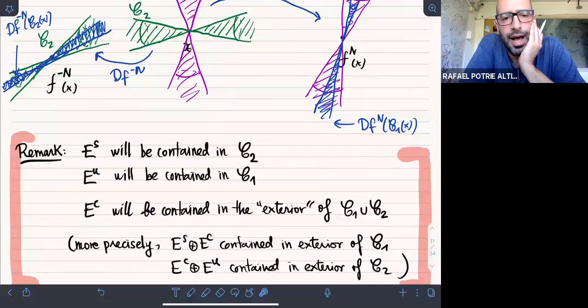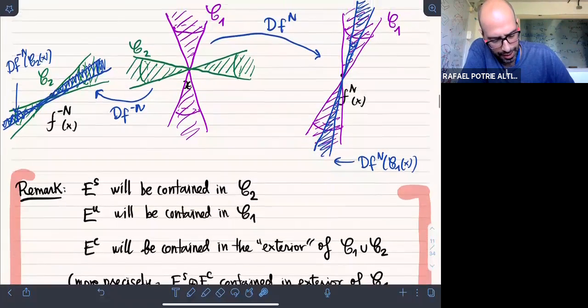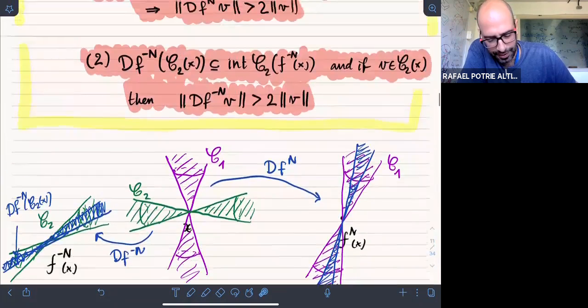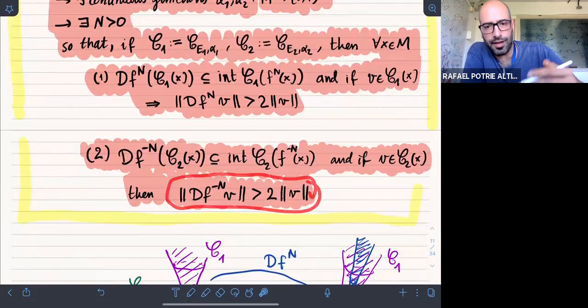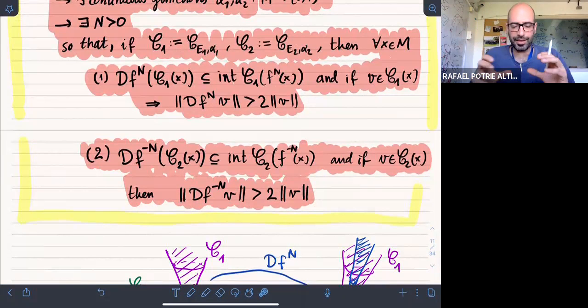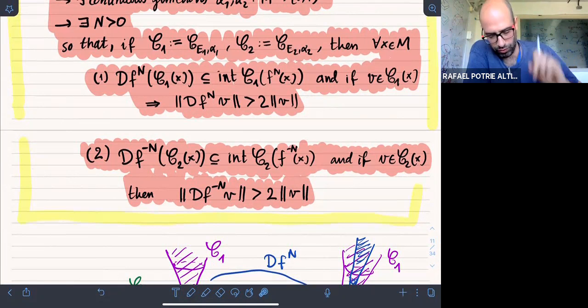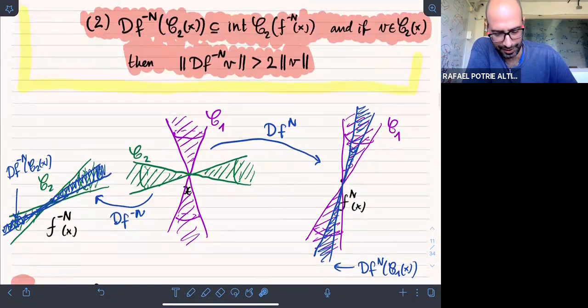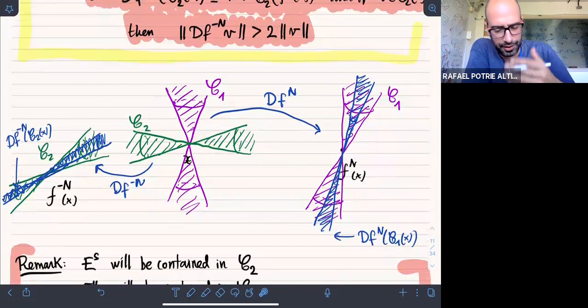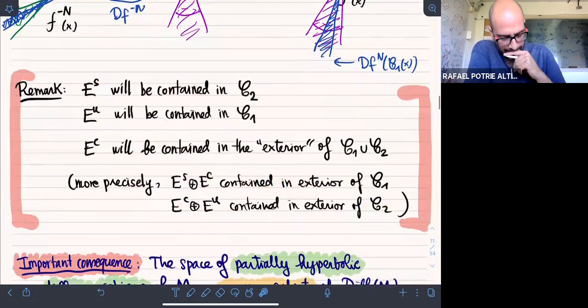Okay, if I wanted a version of this cone field criteria that gives you absolute partial hyperbolicity, for instance, I would need to ask conditions like this inside the bundles, and inside the vectors inside and outside the cone field, and try to make comparisons of this kind. Okay, and the criteria becomes more delicate, but you have equivalent criteria for this kind of things.